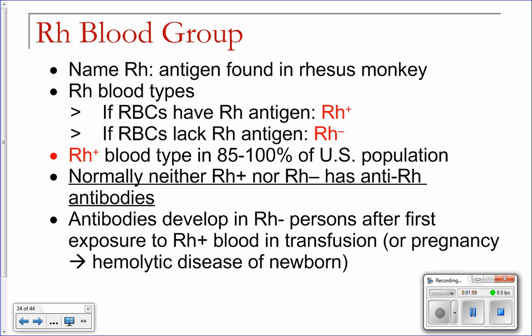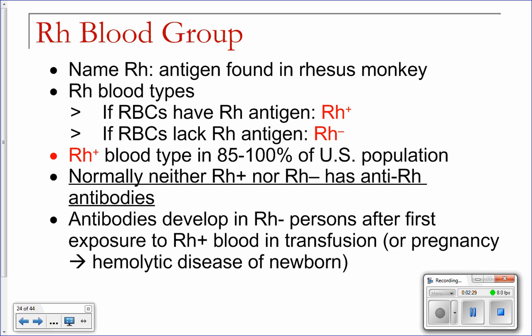So in the next pregnancy, if she gets pregnant again and the baby's positive again, she now has antibodies against that blood type, and when she gives birth, that blood can mix. Some of the antibodies to the RH factor can go into the baby and start causing problems. You can actually get what's called hemolytic disease of the newborn, where those antibodies can kill the baby, if enough of it gets across.